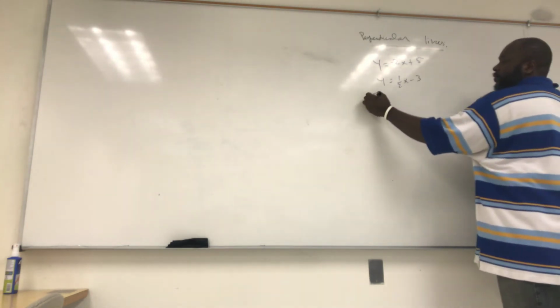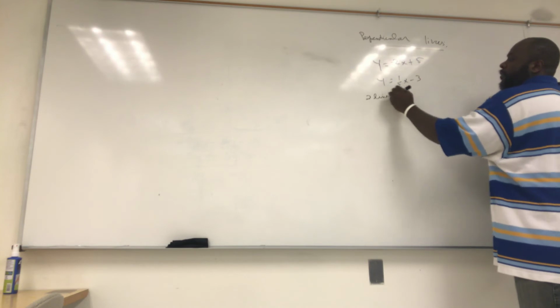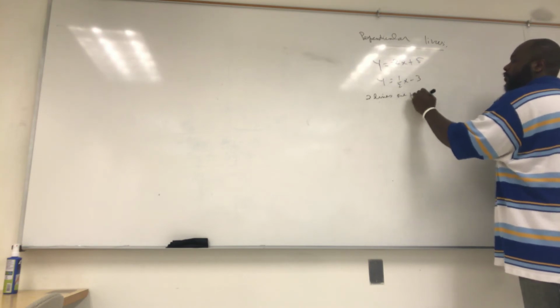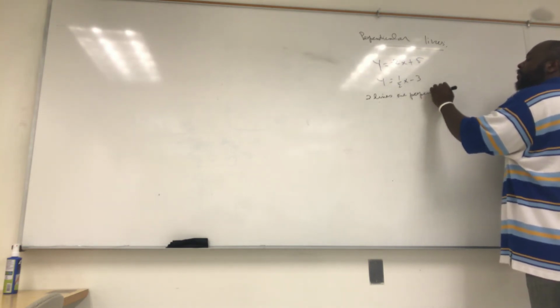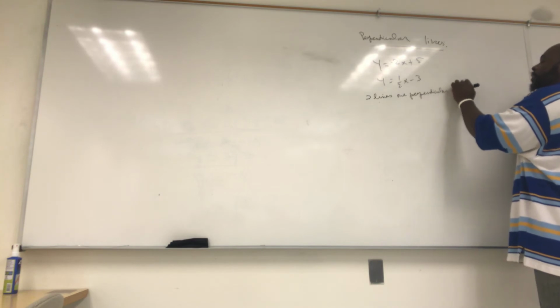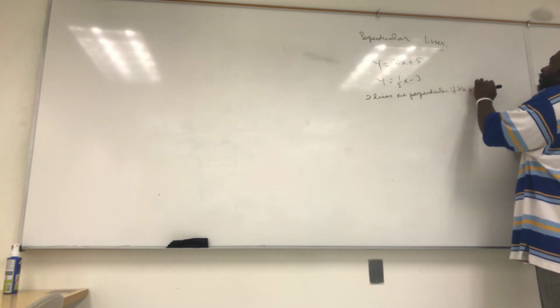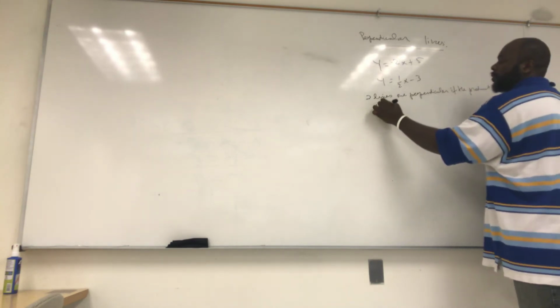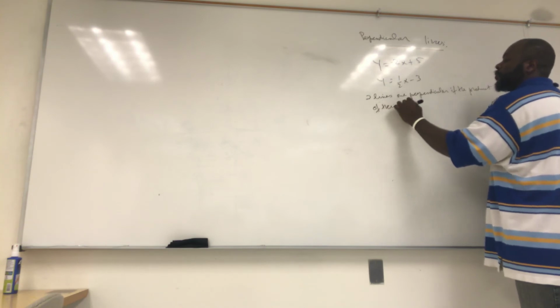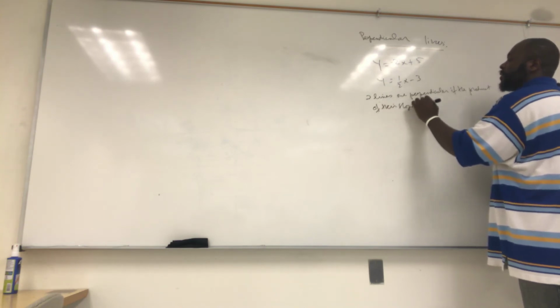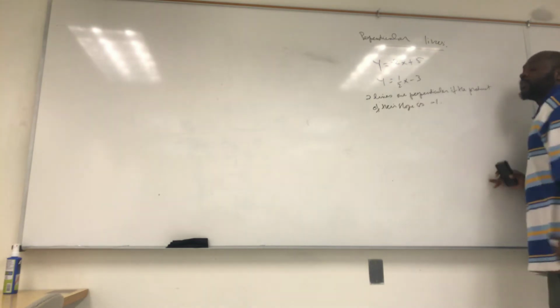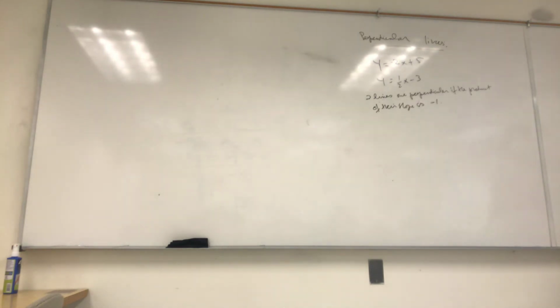Now, by definition, two lines are perpendicular if the product of their slopes is -1. So they are perpendicular if the product of their slopes is -1.